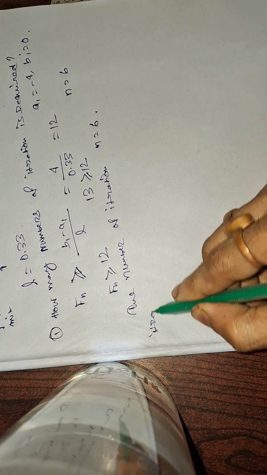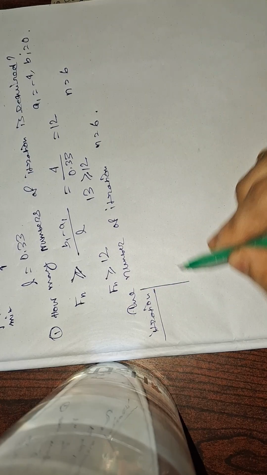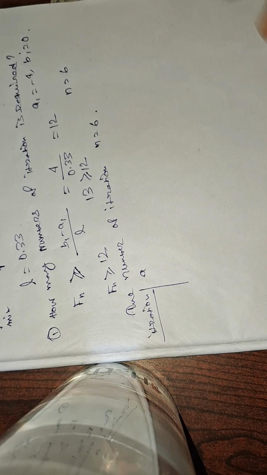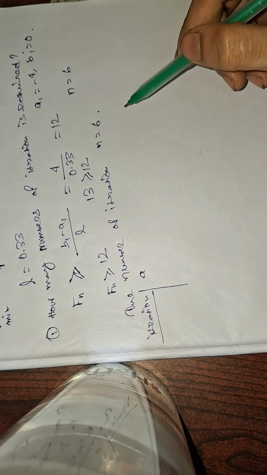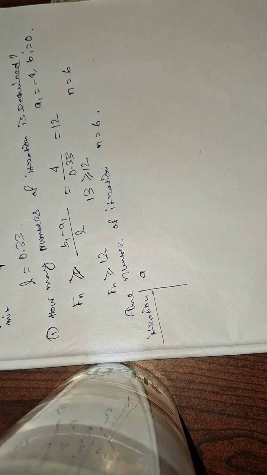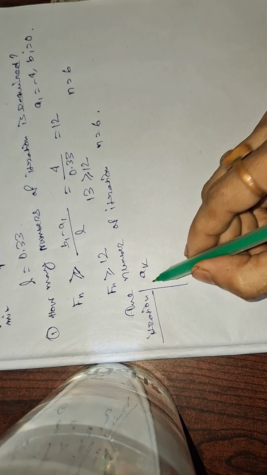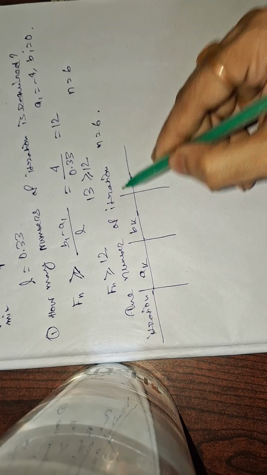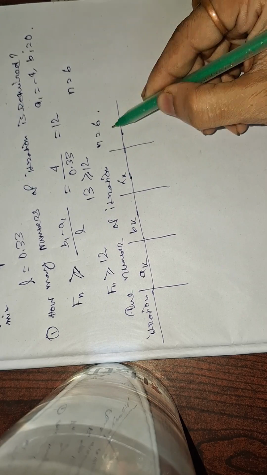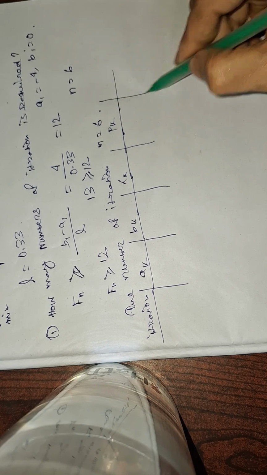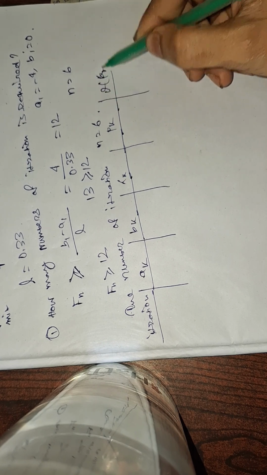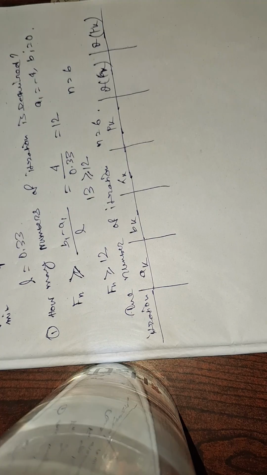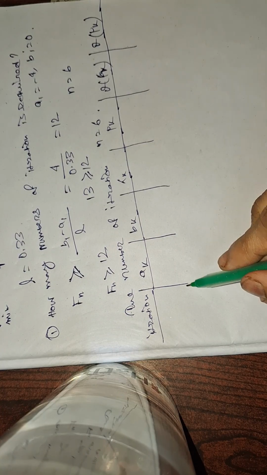First is the iteration, k is the number of iteration, we assume that, and then ak, bk, and this is lambda k, and this is mu k, and this is theta lambda k, and theta mu k. This is the table we need to plot.